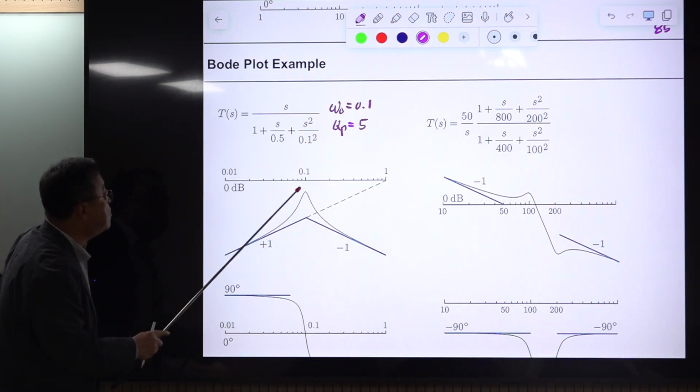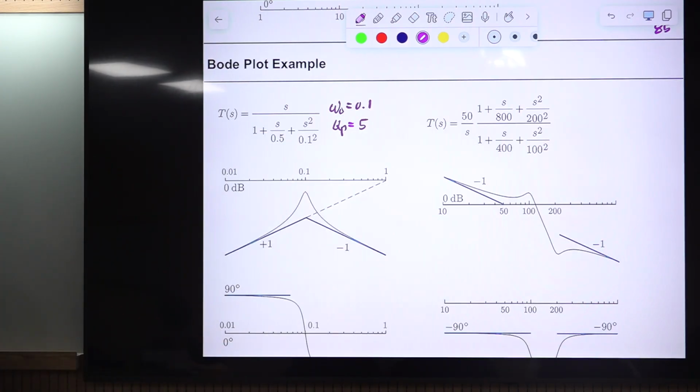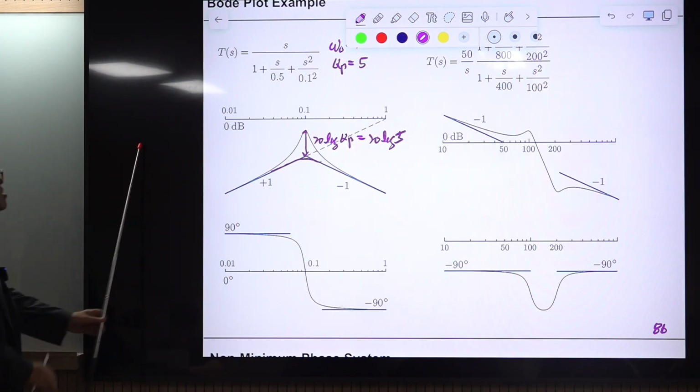And at this point, we know there is a peaking, 20 log Q. So this will be smoothly connected if QP is 1, but because QP is larger than 1, we have peaking of 20 log 5. I don't know what this number is, okay? This is 1.